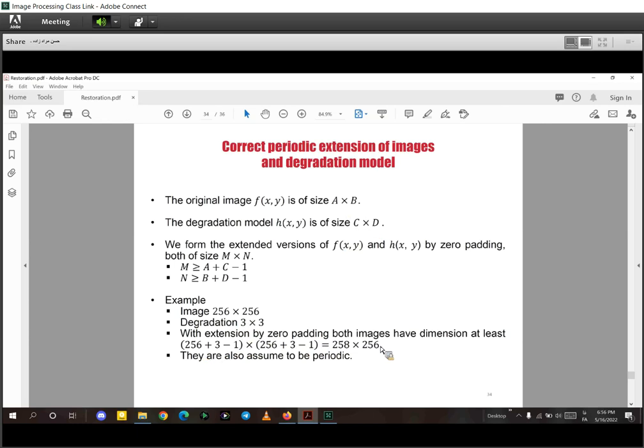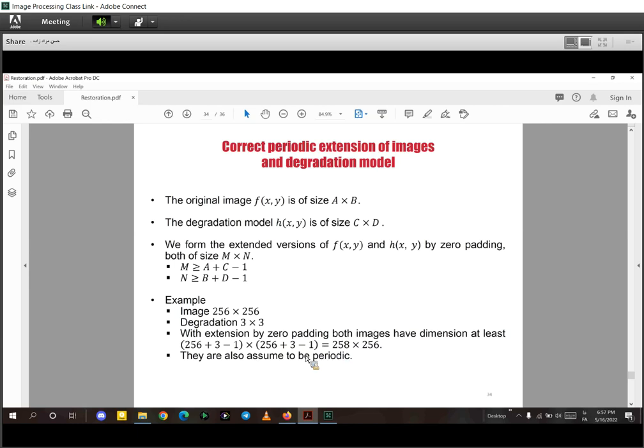With extension by zero padding, for example two images, or a system and an image, we have dimension at least A plus C minus 1 and B plus D minus 1, or 258 by 258, for example, at least, or maybe larger.